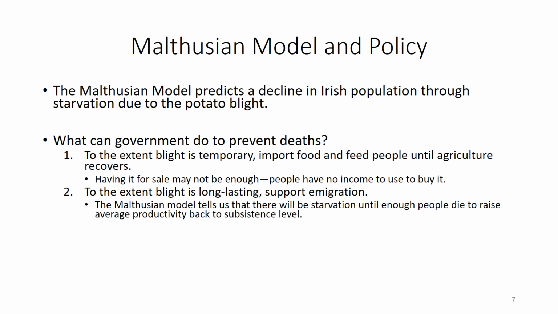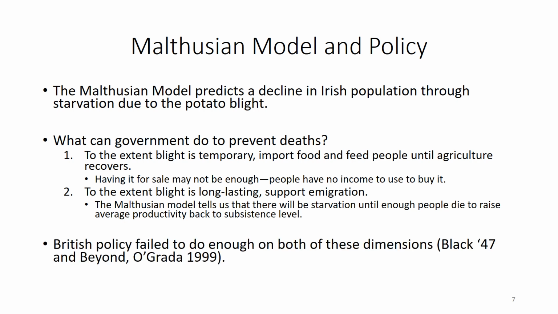And so the only way to save the lives of the excess population is to help them to emigrate to a country where they can make a living. During the course of the famine, British policy tried to some extent to do both of these things, although not nearly to the level that would have ameliorated the disaster.